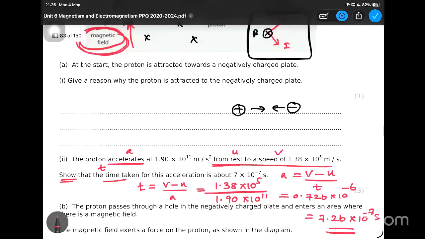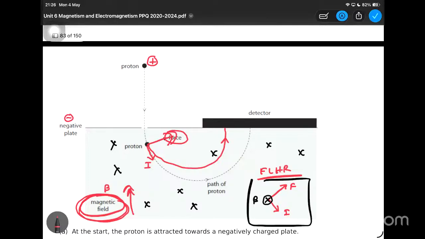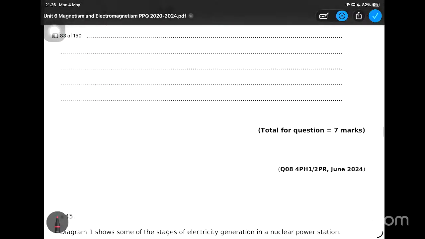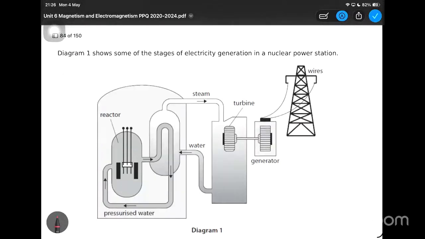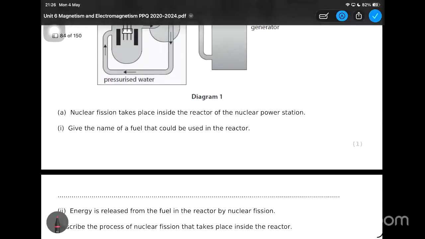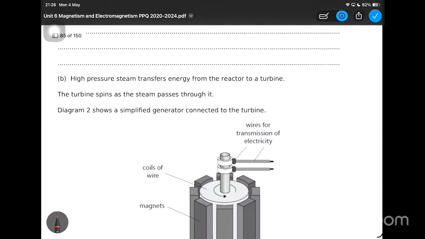You can mention a distance as well, right? It will be attracted towards the detector at a smaller distance or something like that. Okay, right. So that was a good question, using Fleming's left-hand rule.